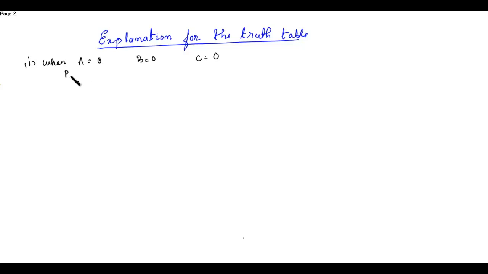A has P1 and N1, B has P2 and N2, C has P3 and N3. That means A is given as input to the gate terminals of P1 and N1, similarly B and C. So we know that when input is equal to 0, then PMOS is on and NMOS is off.